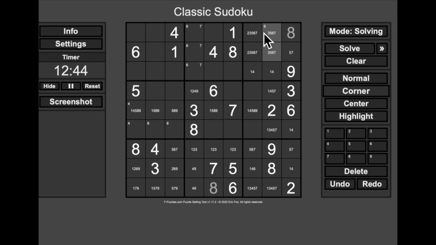There has to be a 6 somewhere in this column, and it can't go here. That's forced to be a 6, so that can't be a 6. That 6 rules out that being a 6. And that's a 1, 4 pair. So neither of these can be a 6. Yeah, the 6 is forced here. That means these can't be a 6.